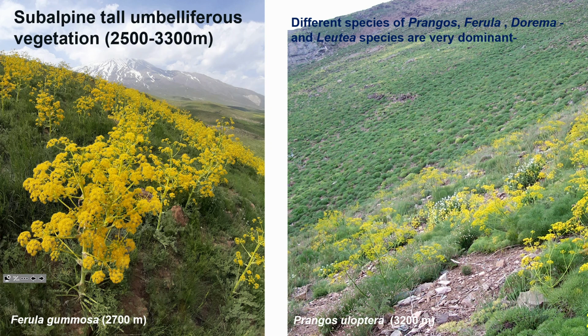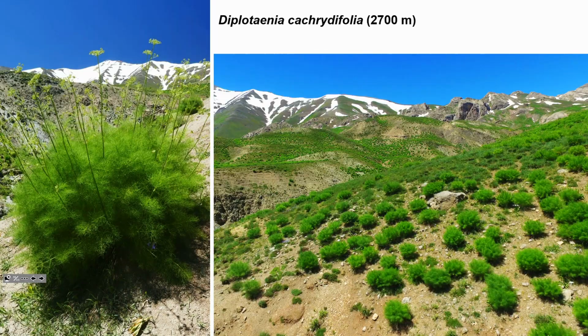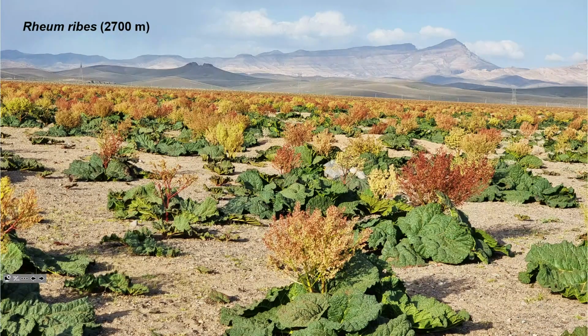And more likely they are dominant because of the overgrazing. They are successful because they are not well eaten by animals. You can see here Diplotaenia cachrydifolia, an endemic species and genus for the region. Also, Rheum ribes belongs to this vegetation type.